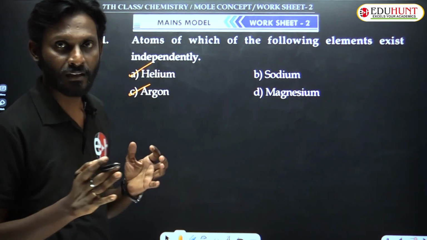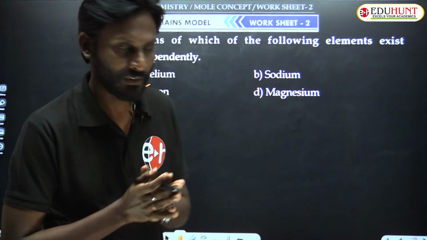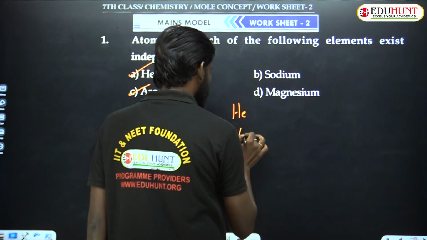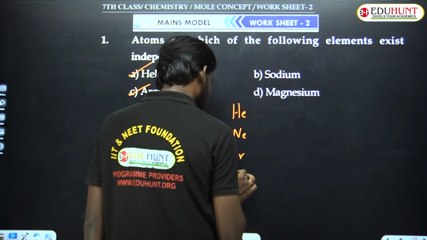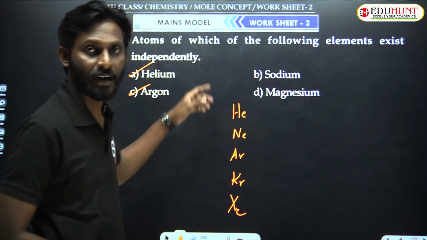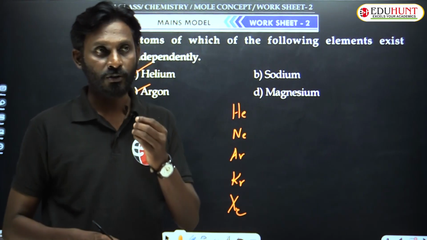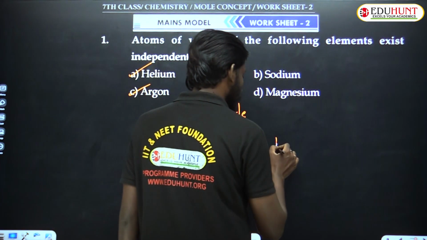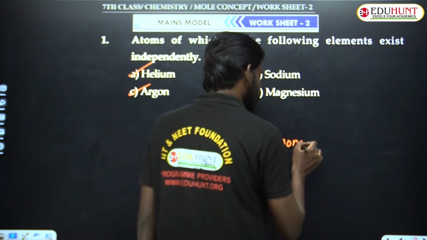You know very well. Inert gases like helium, neon, argon, krypton, xenon, radon are called inert gases or noble gases, and there is one more name for this, called monoatomic gases.